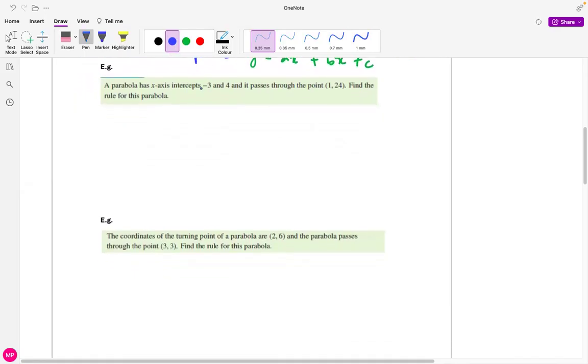Here I have a parabola with x-intercepts at -3 and 4. Because they give me the x-intercepts, I can use the x-intercept form, which is y equals a(x minus m)(x minus n). They also give me a point, so I can find a and then the rule of the parabola.